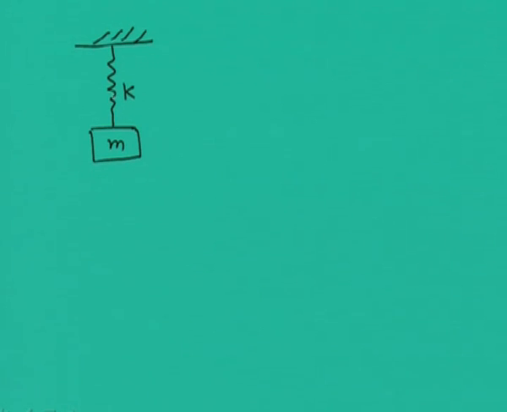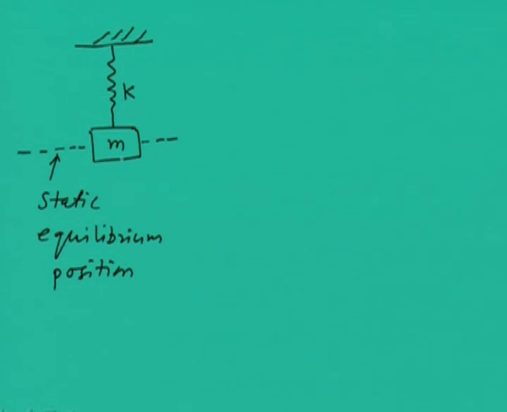the spring will get stretched, and let us say this is the position we call the static equilibrium position. At present this mass is not oscillating, it is static, but because of its weight the spring has some extension.